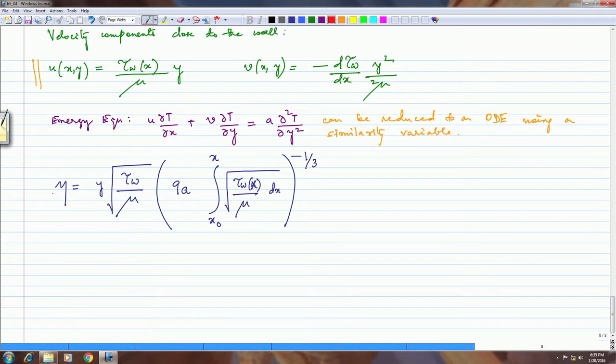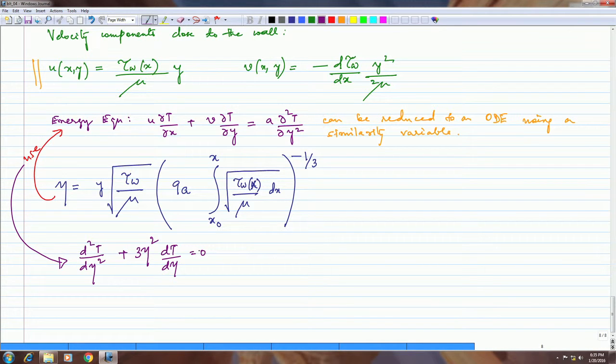If I use this, then the energy equation becomes d2T over d-eta squared. Now, this is getting a little mathematical, so I will try to keep it simple.